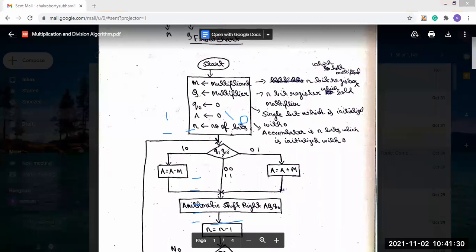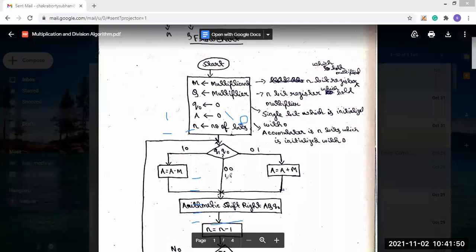But if we get the value of Q1, Q0 as 0, 1, then the multiplicand is added to the value stored in the accumulator.